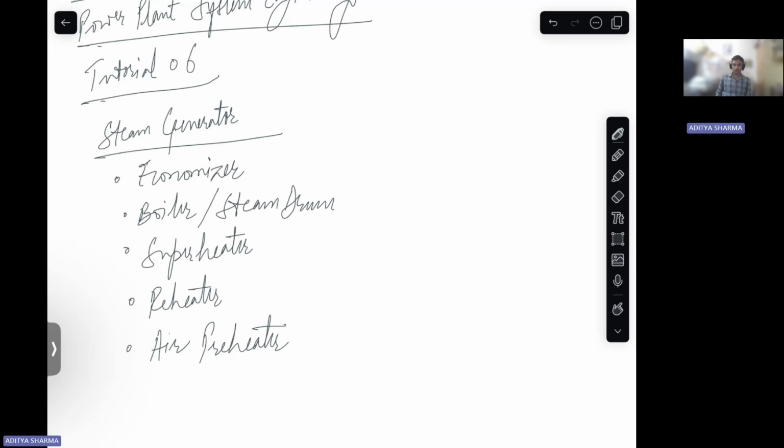So first is economizer, where what we do is when we are feeding the water into the boiler, before feeding it, we just heat it by means of the flue gases, right? The flue gases that are exiting from your superheater or your reheater. So the flue gases have done their work.